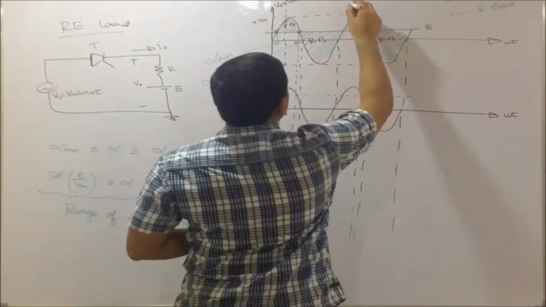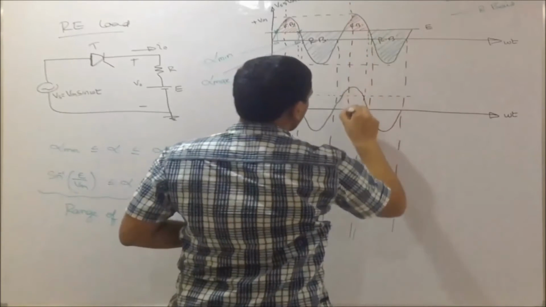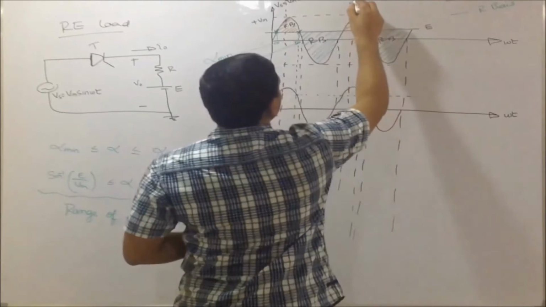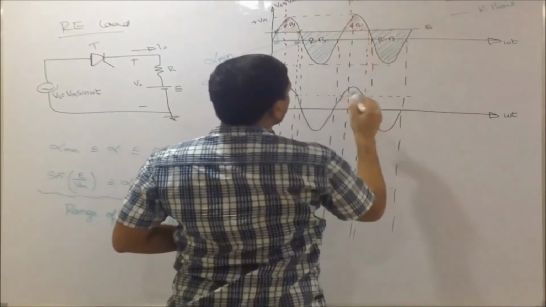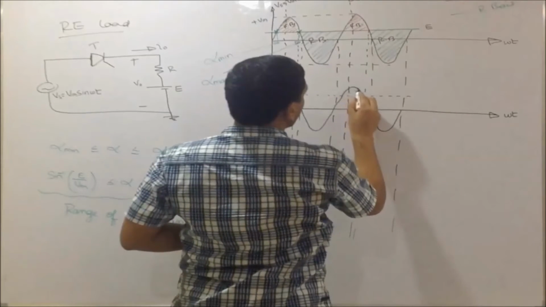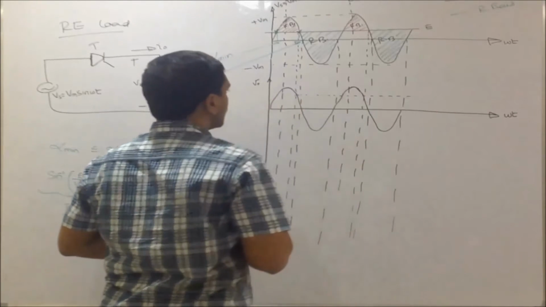Again, suppose I fire at alpha in the second half cycle, then it starts conduction from this point and goes up to this point.